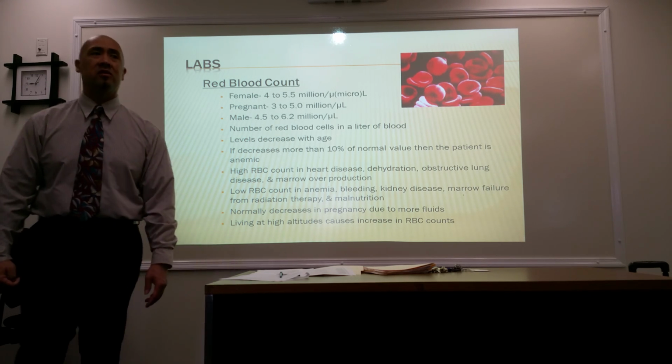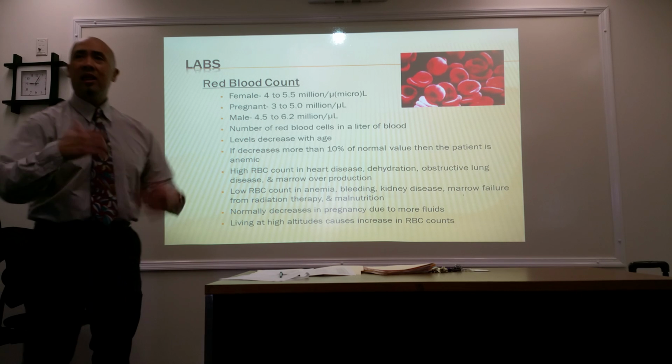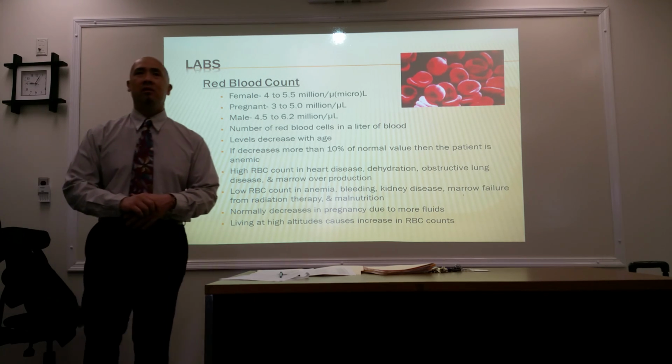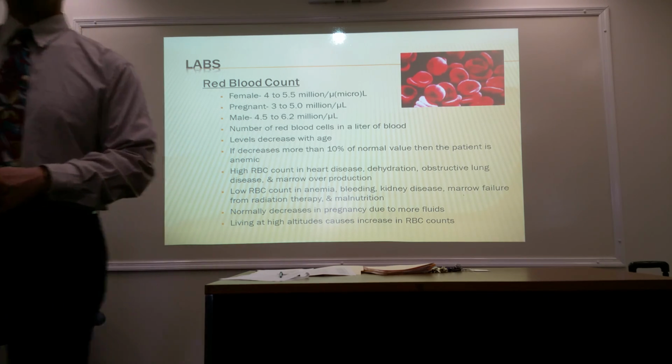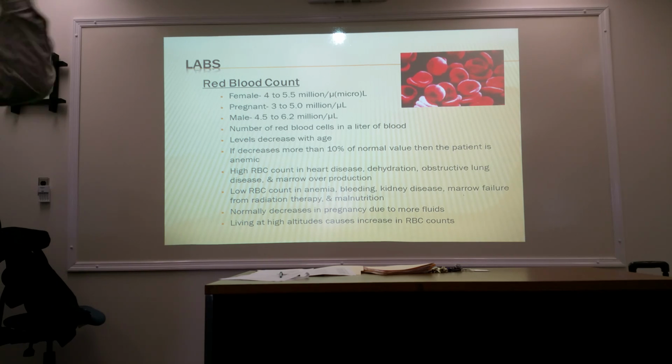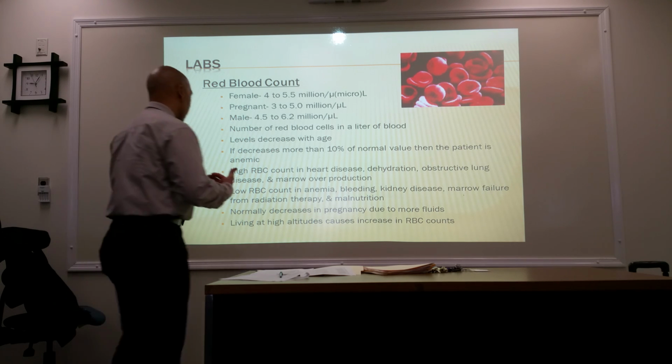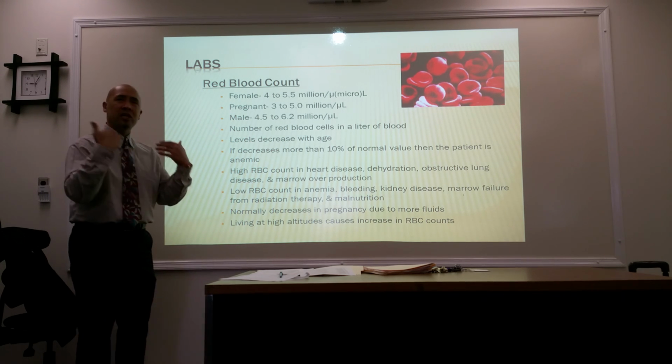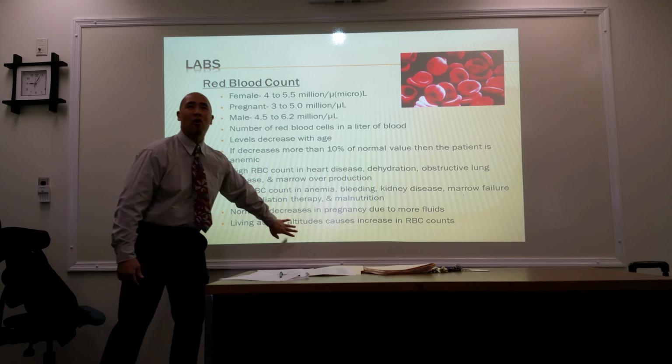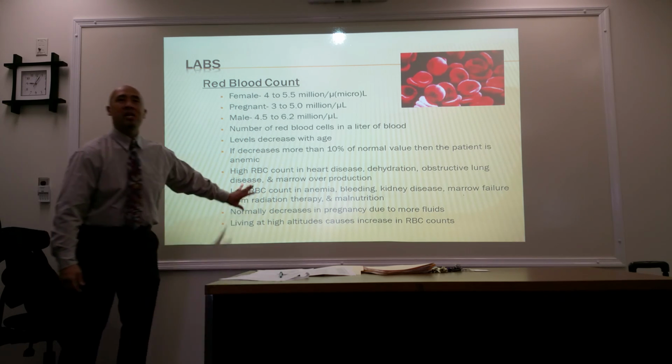Right. Athletes, you guys know about athletes? Where do they train? High altitudes. They train at higher altitudes because they're trying to condition their body to have more RBCs, more hemoglobin.